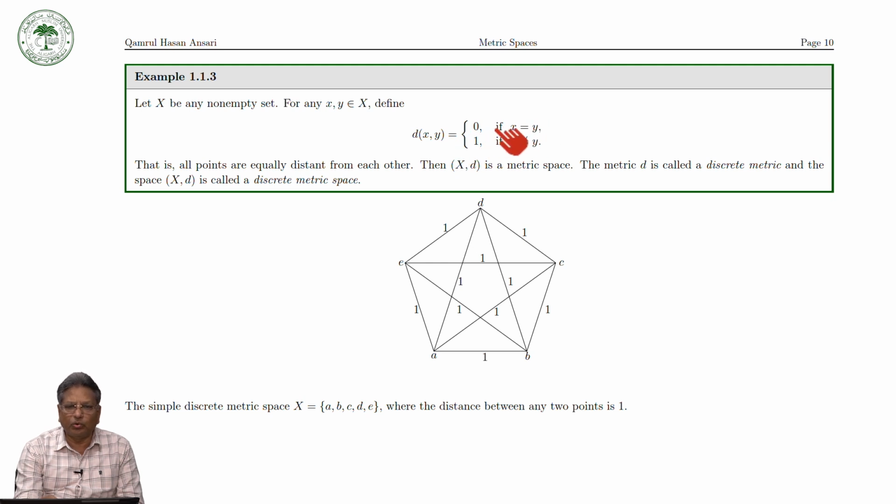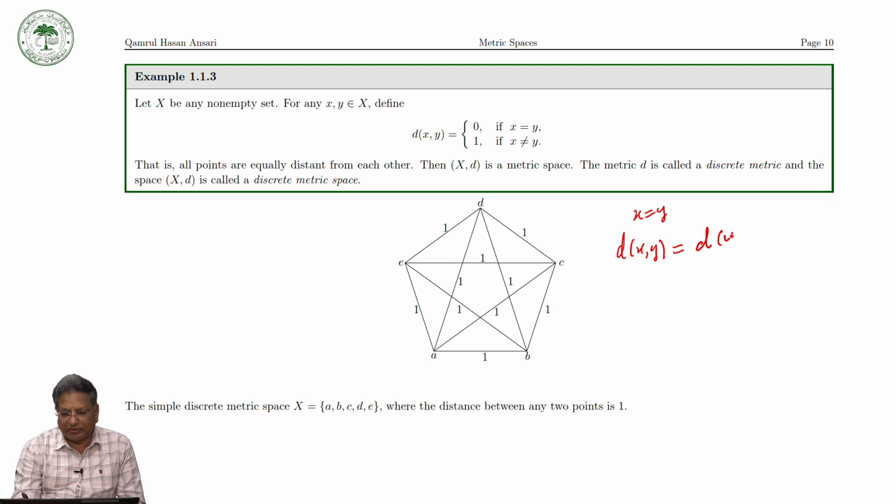So this M2 holds. Now the third one is symmetry, d(x,y). We take two cases. If x is equal to y, then d(x,y) is equal to d(y,x), because x is equal to y.